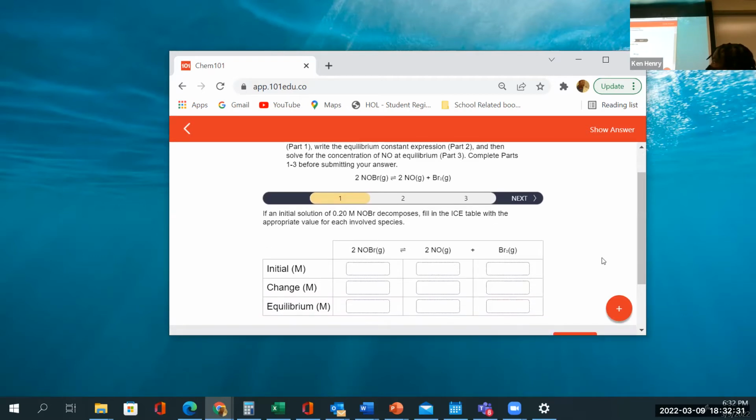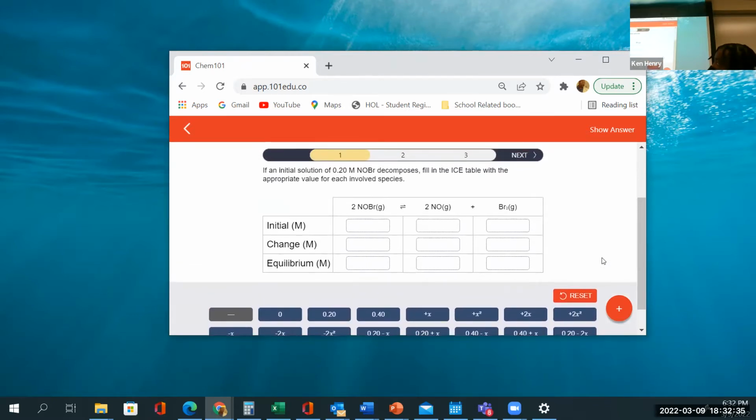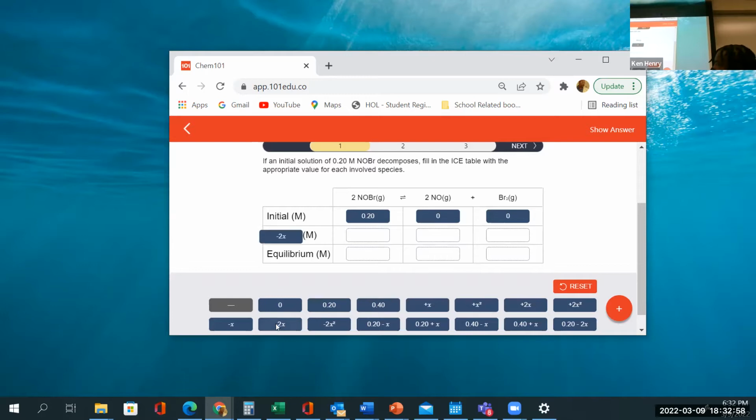Okay, so let's go ahead and go down. The change is going to be negative. Oh, I mean, across 0, 0, 0. It'll be negative, right? And it's going to be 2x plus 2x.